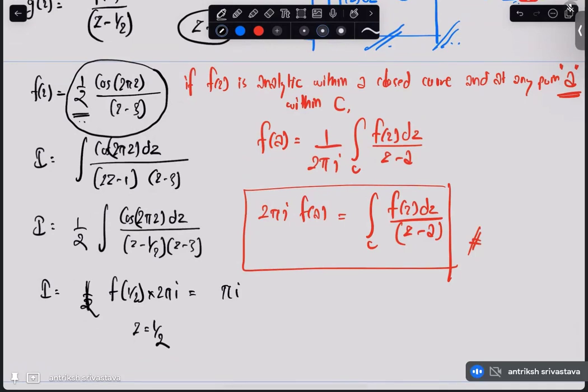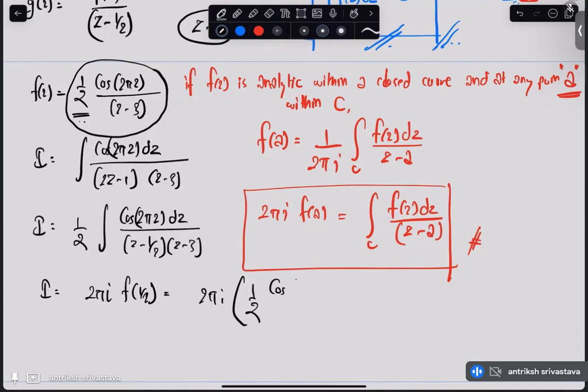Yeah, let me correct this and write it correctly so that we don't make any mistakes. So basically, it will be 2 pi i into f of 1 by 2. Exactly. So 2 pi i into 1 by 2 cos of 2 pi times 1 by 2, divided by 1 by 2 minus 3. Right?